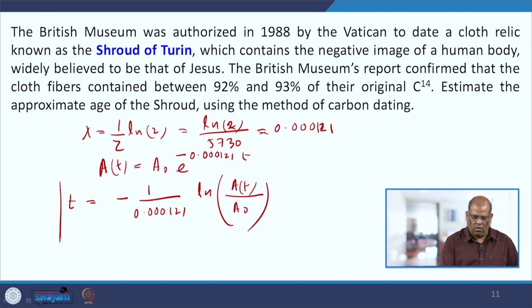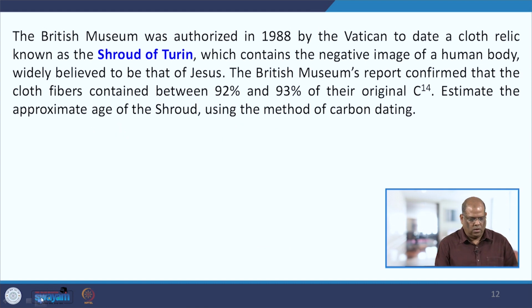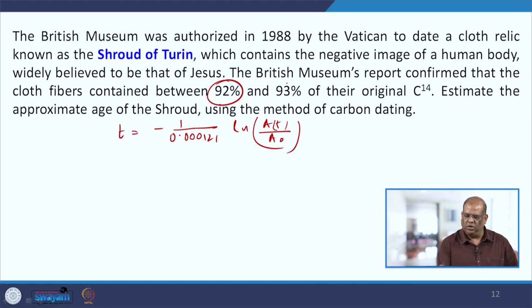So, this is now my formula. In that formula, for A(t) by A0, I have the information that it contains 92 to 93%. So, they gave an approximate value.